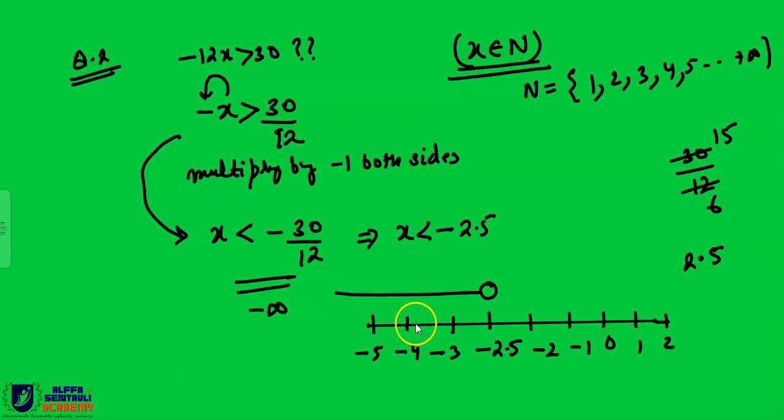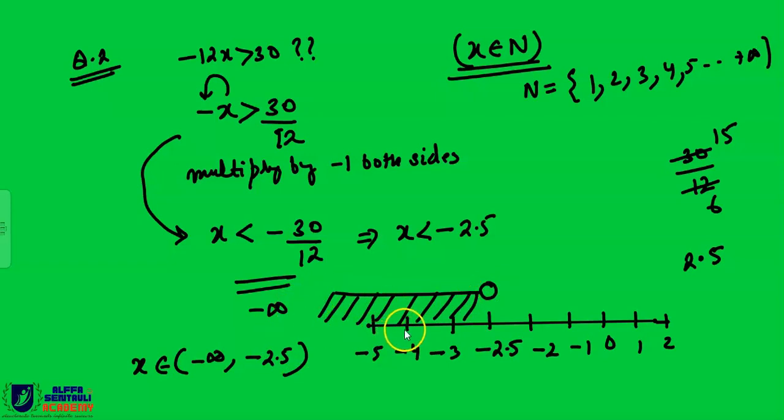But what is your solution? From here, if you find a solution, it will be x belongs to minus infinity to negative 2.5, an open interval. If you observe your solution, all the numbers up to minus 2.5 are included.